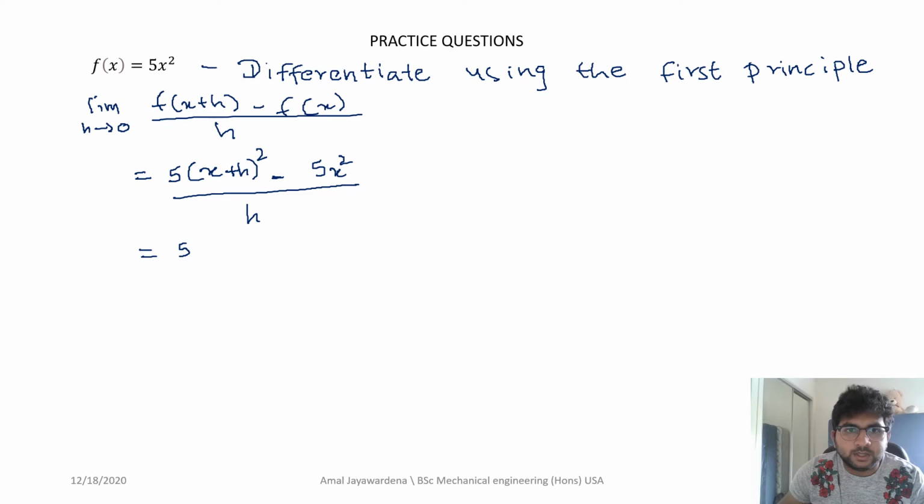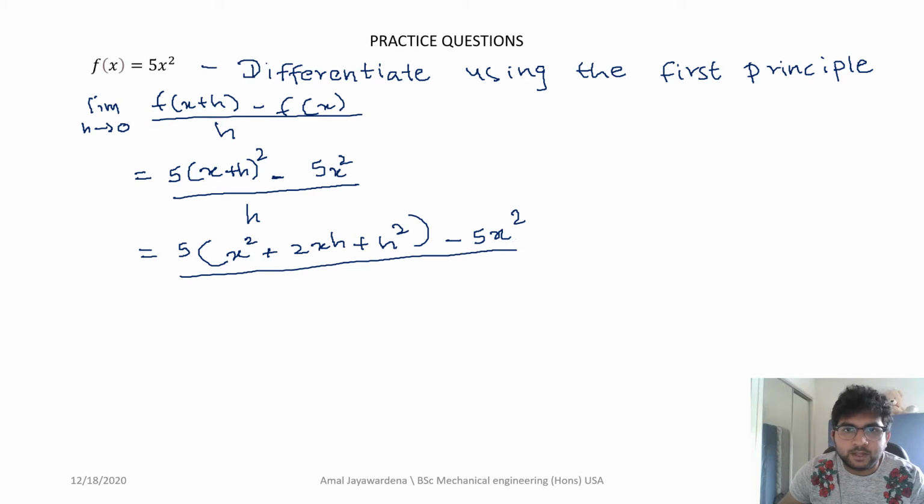So it's going to be square the first variable, x squared, plus double the product of the two terms, 2xh, plus the last term squared, h squared, minus 5x squared, divided by h.